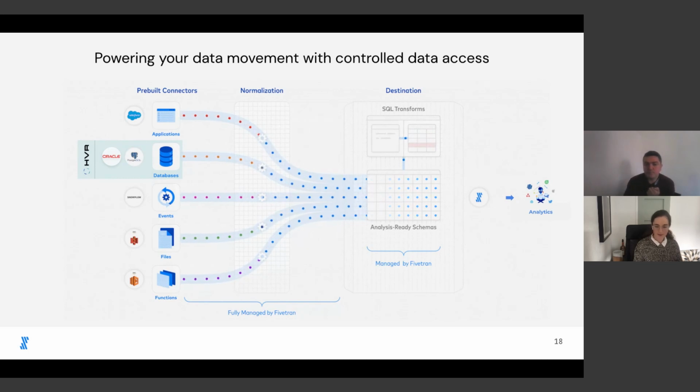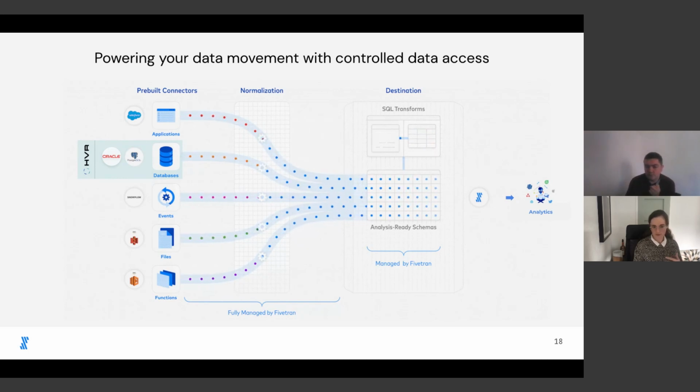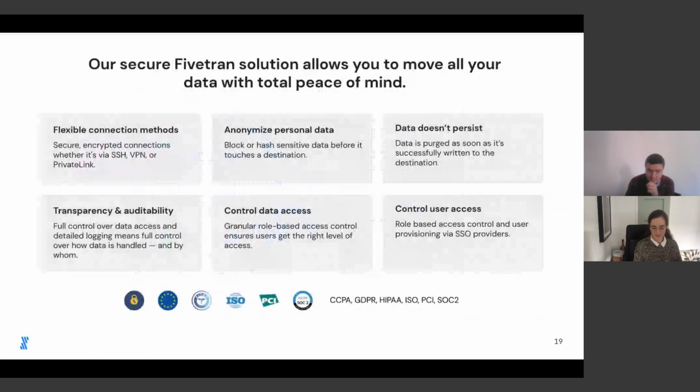So I would like to touch a bit on what Fivetran is trying to do to help in this space. We talked a lot about personal PII data, because it comes up an awful lot with customers, and throughout my consulting career it was always a major concern. So what Fivetran has is that blocking that I mentioned at source.